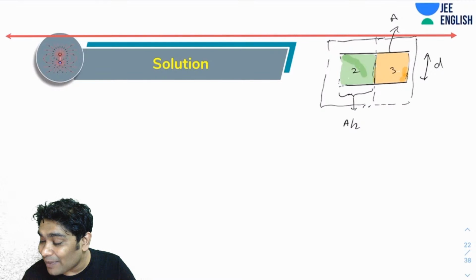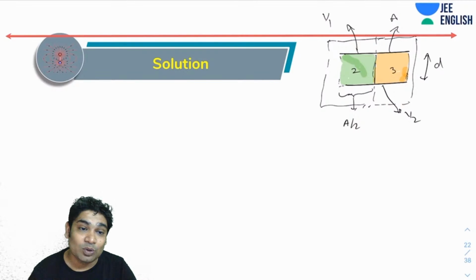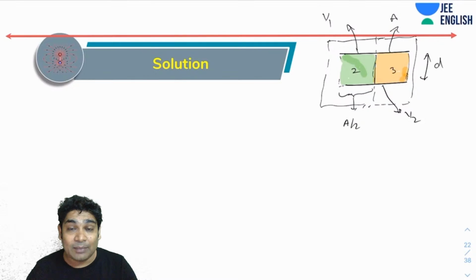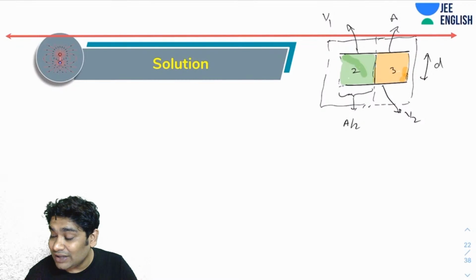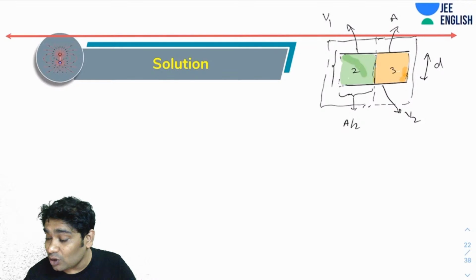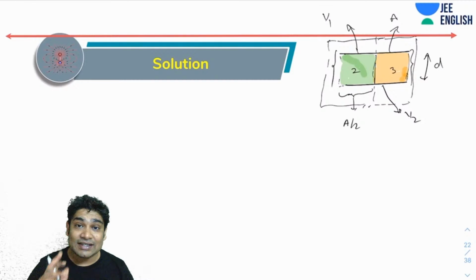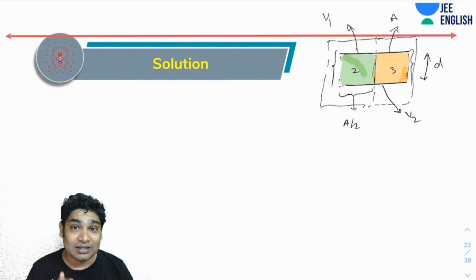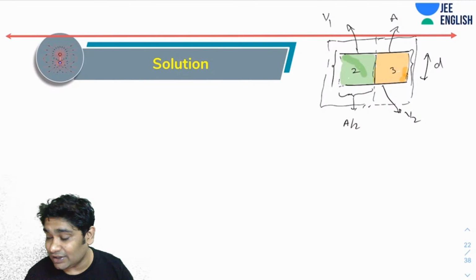Because this entire capacitor plate will have a potential V1, and this entire capacitor plate would have some potential V2. You realize capacitor plates are metals, and metals always have the same potential. So this one is connected between a potential difference of V1 and V2, and so is this one. So you can consider this as two capacitors connected in parallel with each other.